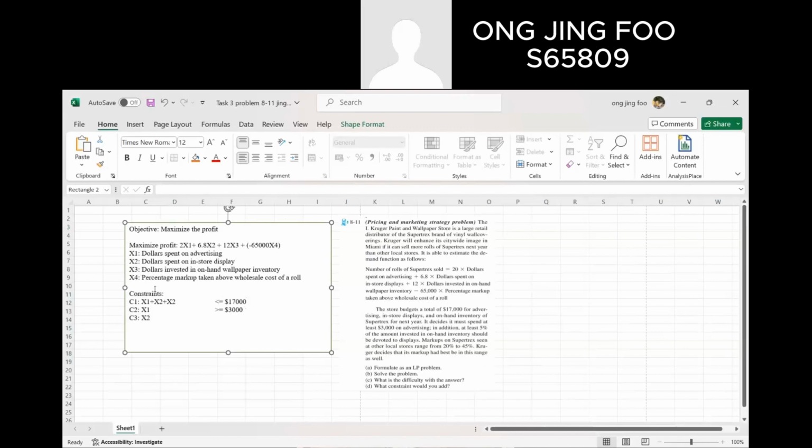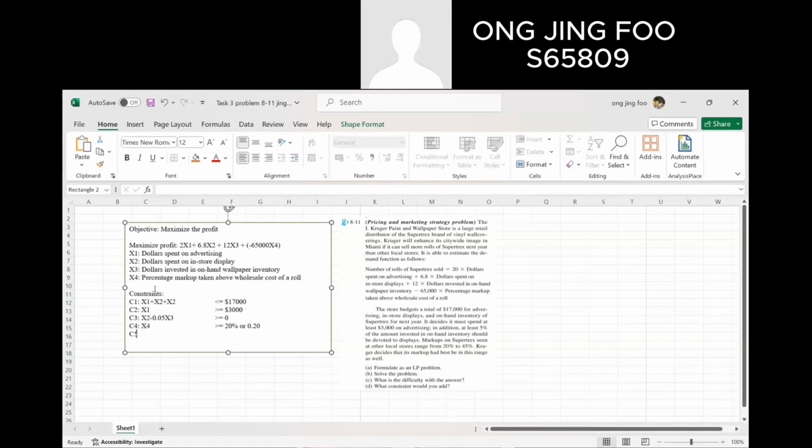And our constraint 3 is x2 minus 0.05 x3 greater than or equal to 0, and our constraint 4 is x4 greater than or equal to 20%, or we can use 0.20.